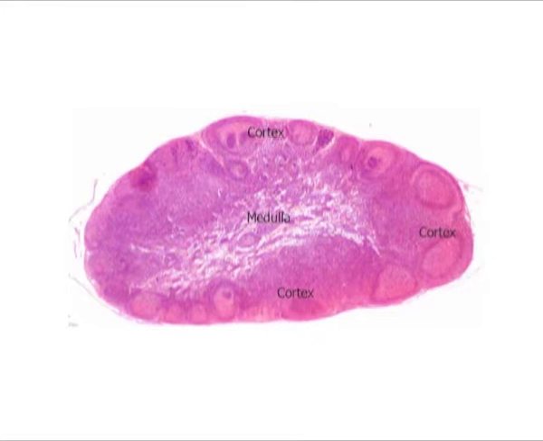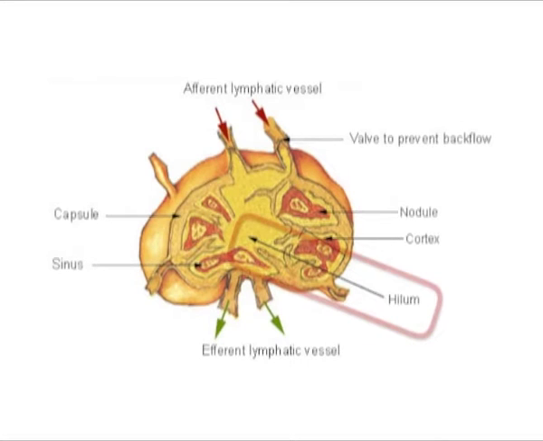The inner portion of the node is called the medulla, which is surrounded by the cortex, which has mostly immature T cells or thymocytes, on all sides except for a portion known as the hilum. The paracortex immediately surrounds the medulla and has a mixture of immature and mature T cells.